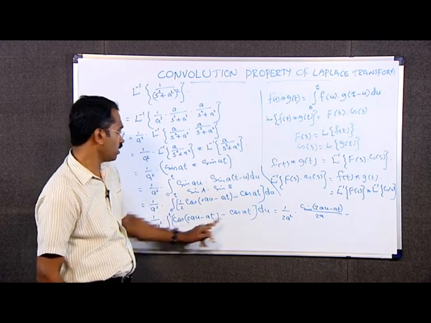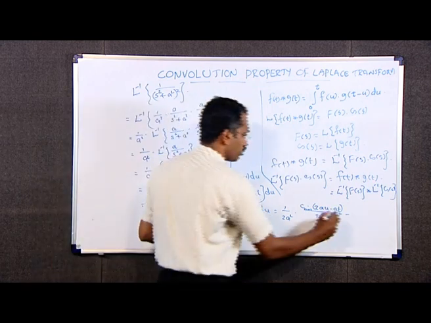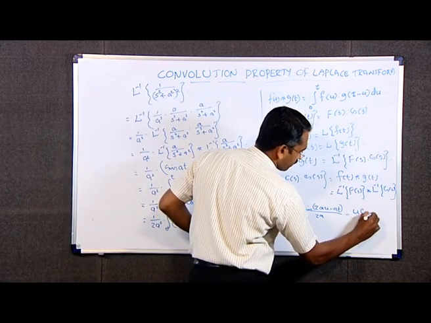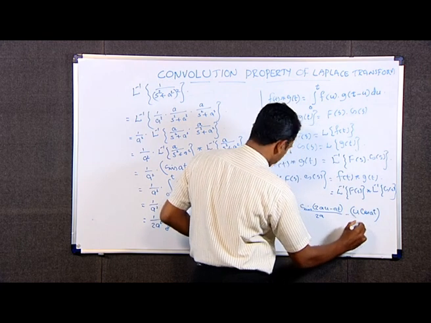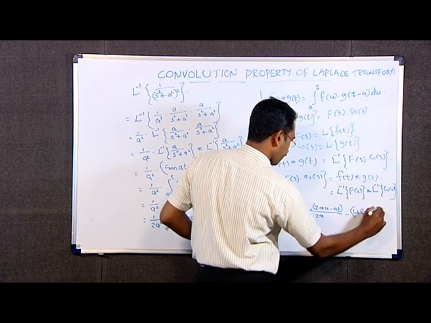Therefore, integral cos a t du is u into cos a t between the limits 0 and t.